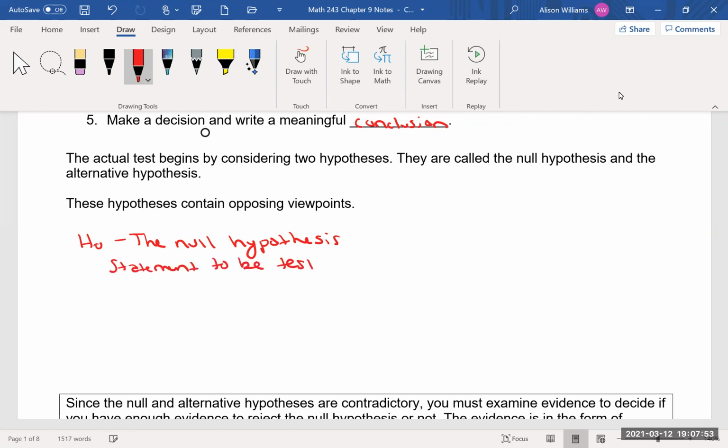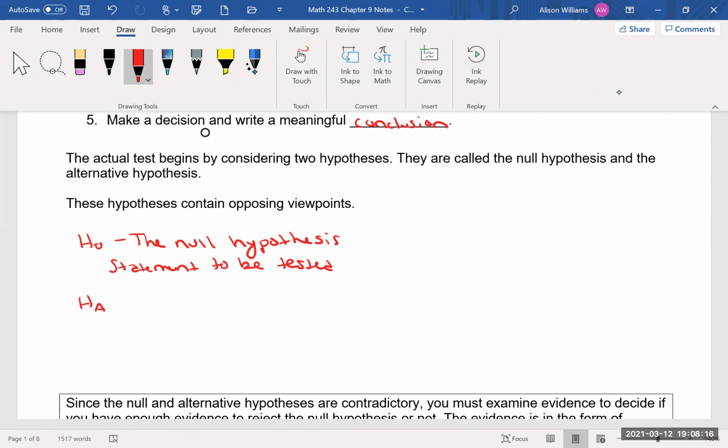And the truth is, the null hypothesis is kind of everything. It's the thing we'll refer to also when we write conclusions. So the null hypothesis is the big important step here. The alternative hypothesis, and some books might use H sub 1, but our book uses H sub A for alternative.